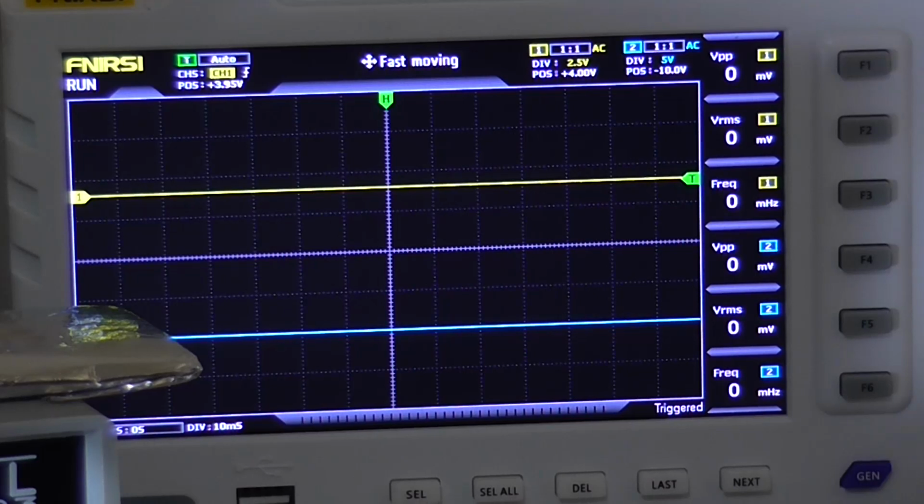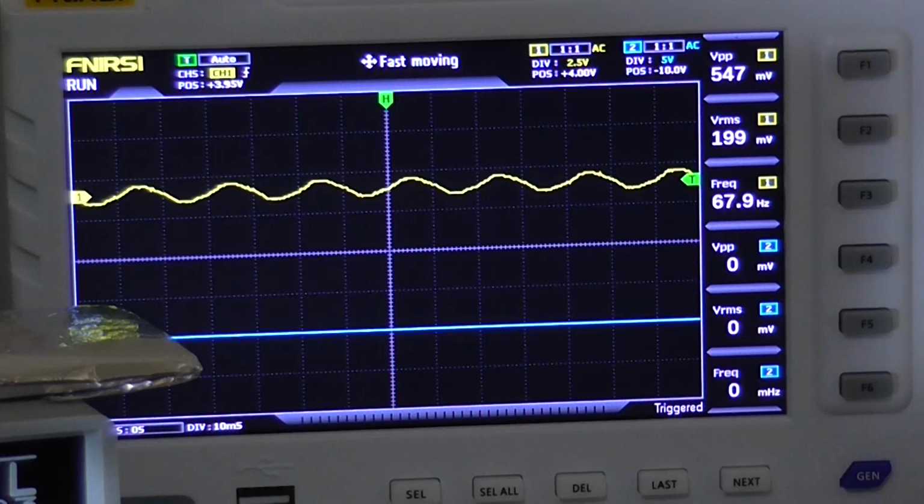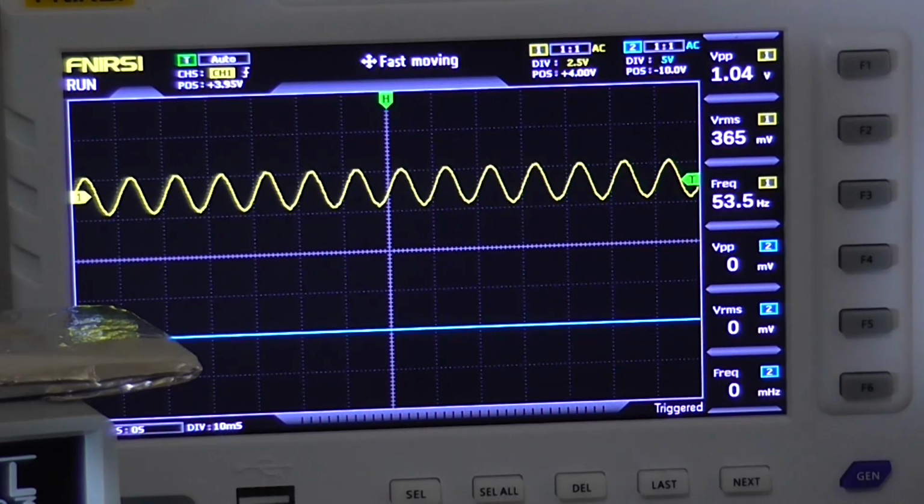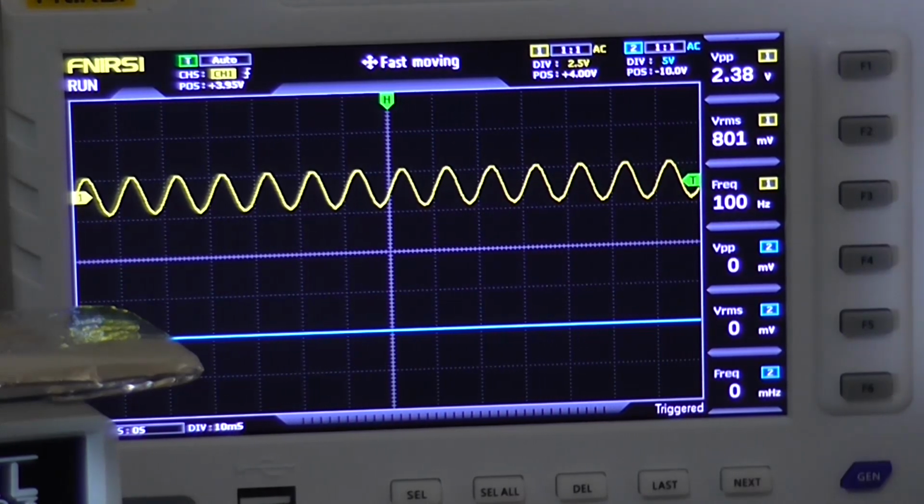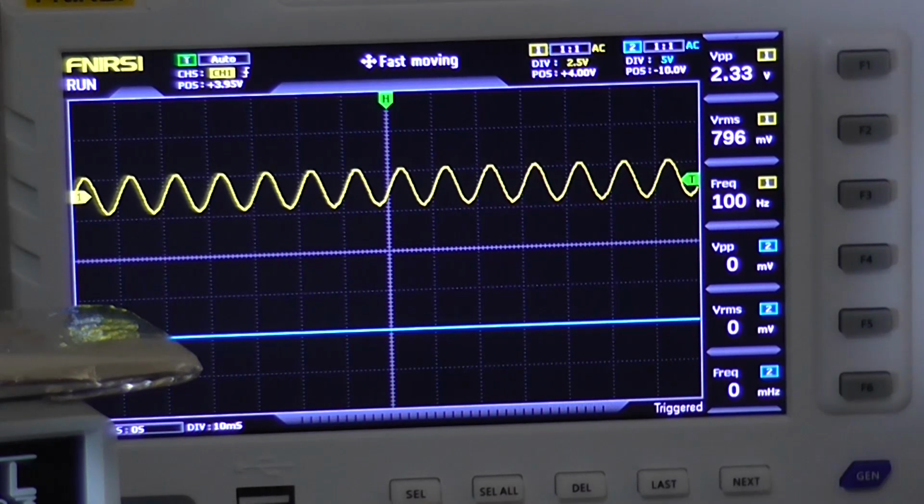How about when we connect it to the base of the transistor? Oh, I just lost the resistor. Let's try that again. Alright, at the base of the transistor, it's a little bit less again. So it should be enough to turn the transistor on, I would have thought.